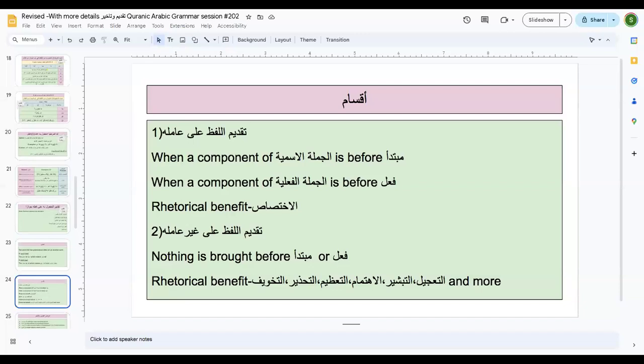If something has been brought before the amil, you start to think about ikhtisas. If something is brought before something that is not the amil, then tajil, tabshir, ihtimam, at-tazim, at-tahzir, at-takhfif is going to be thought of.